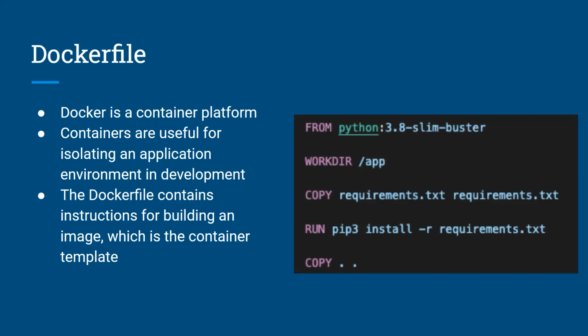So as I said, the Dockerfile contains instructions for building the image that will be used to construct the container. And in this case, I just have a few commands in my Dockerfile. I'm specifying the base image that I'm going to use, which is an official Python image. I'm specifying my working directory.